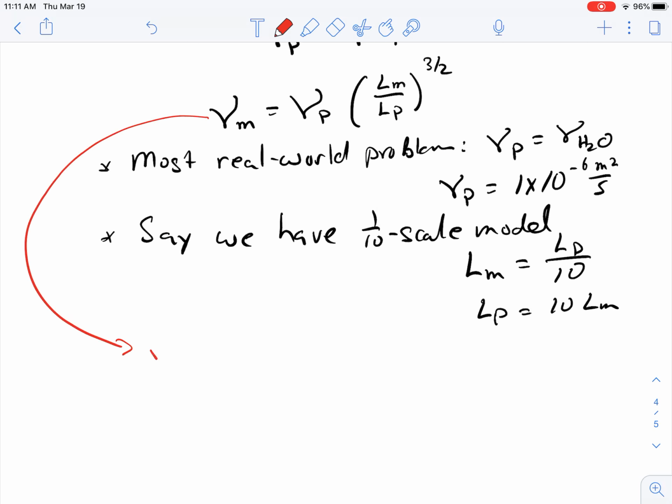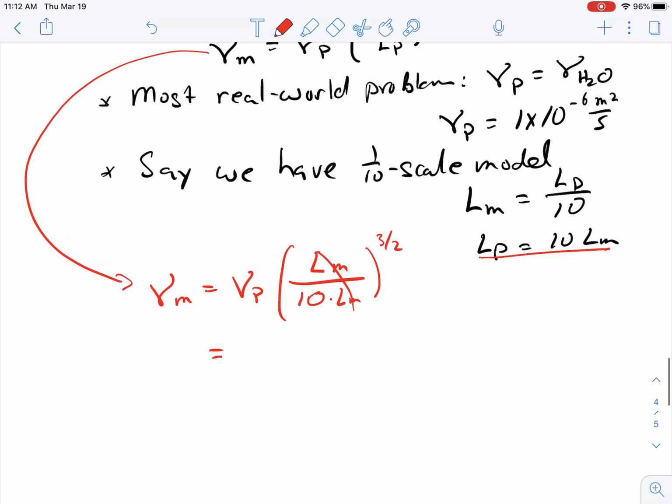So the kinematic viscosity of the model is going to be equal to the viscosity of the prototype, or water, and then we substitute in Lm divided by LP, and LP is equal to 10 Lm, all to the 3/2. So this ends up being 0.1 to the 3/2 times the kinematic viscosity.